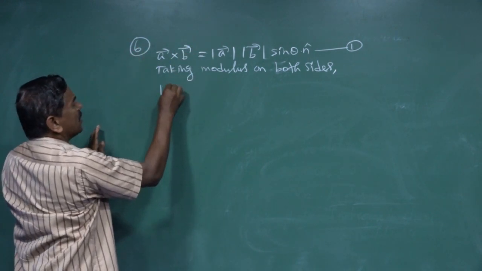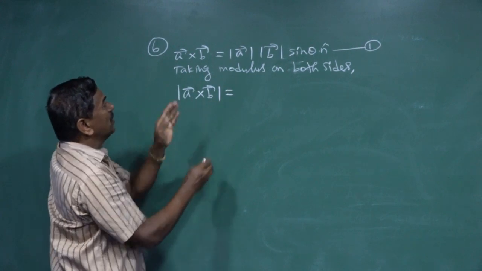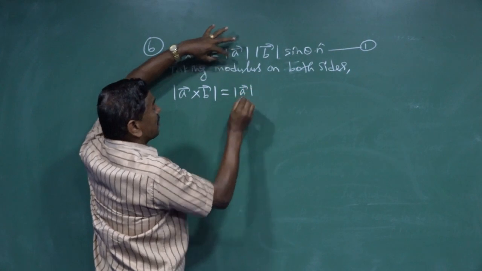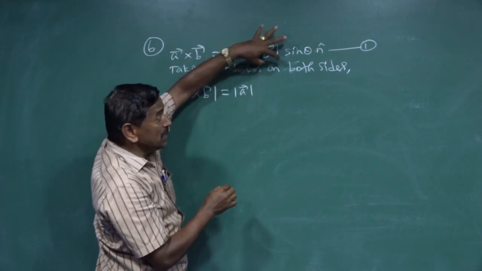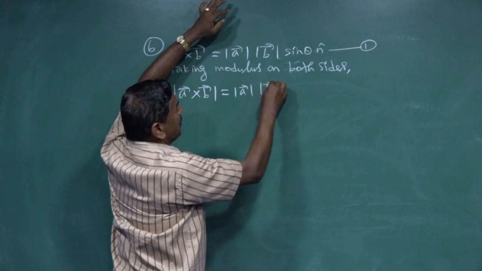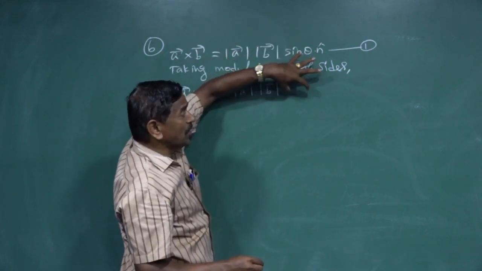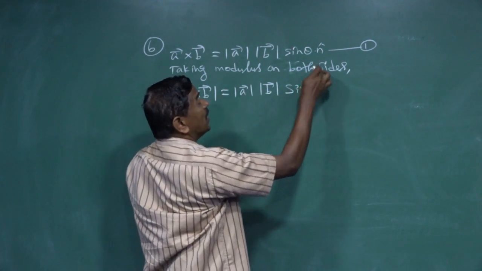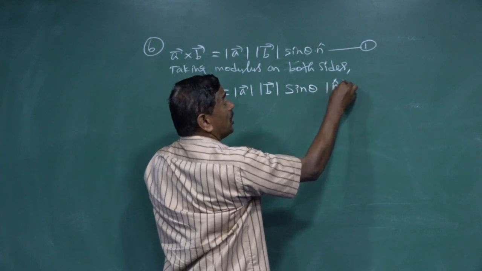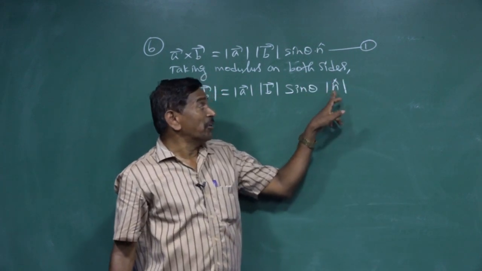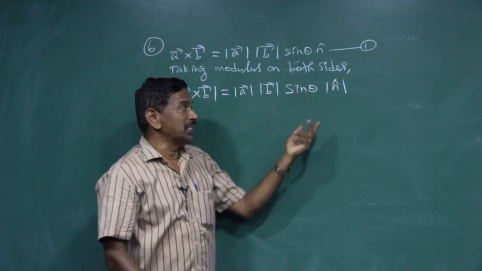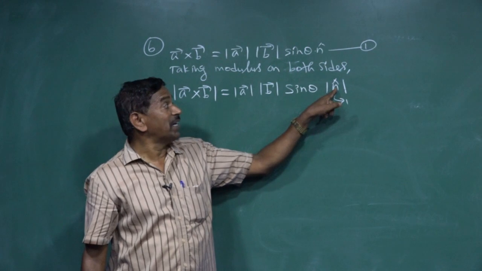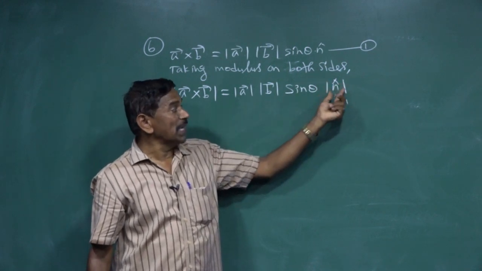That is, modulus A vector cross B vector equals modulus A vector, already modulus available, into modulus B vector, already modulus, and modulus of sin theta equals sin theta itself, because sin theta is a scalar, into modulus n cap. Can you tell me what is modulus n cap? Yes, it is 1, because n cap is the unit vector perpendicular to both A vector and B vector. That is why modulus n cap equals 1.